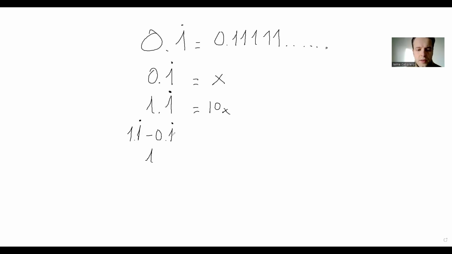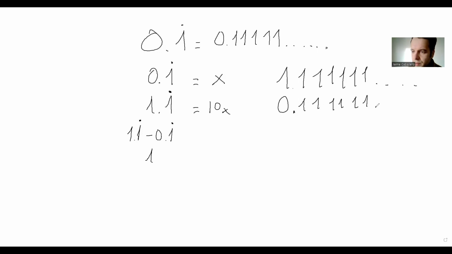If you think this is a bit too strange, you could check this subtraction in box form, and I'm going to do that here for clarity. I'm going to subtract 0.1 recurring from 1.1111 recurring. So basically, this is what it looks like in box form.